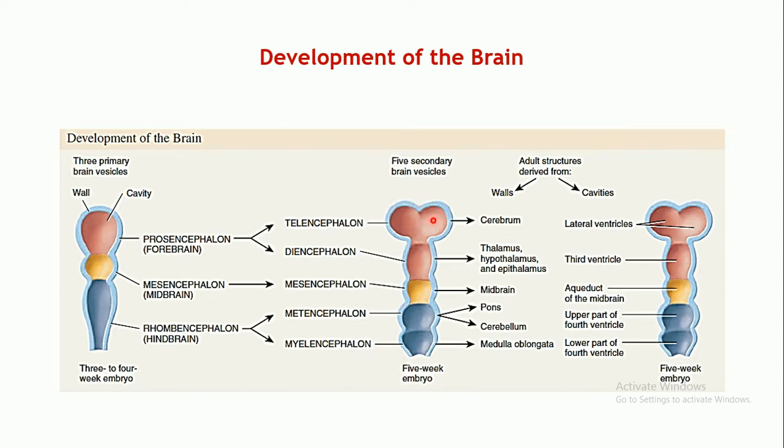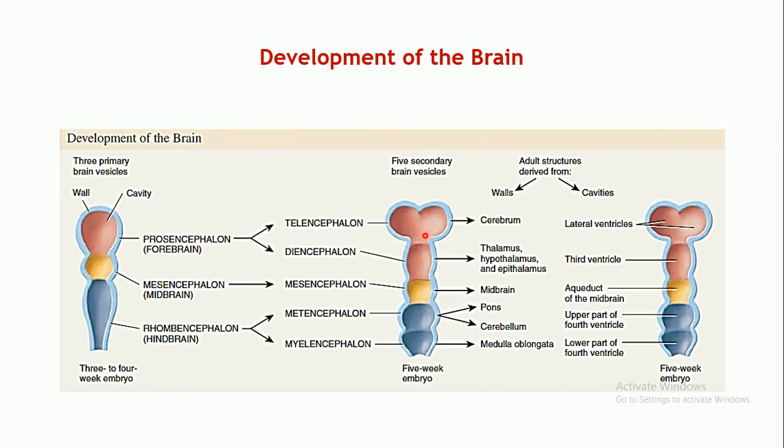Now these 5 secondary brain vesicles which are found in the 5-week embryo have a cavity within them and a wall which is surrounding that particular cavity. So that forms a vesicle.